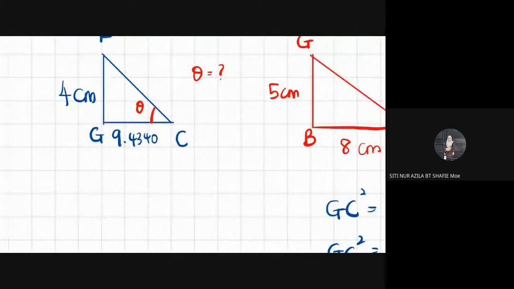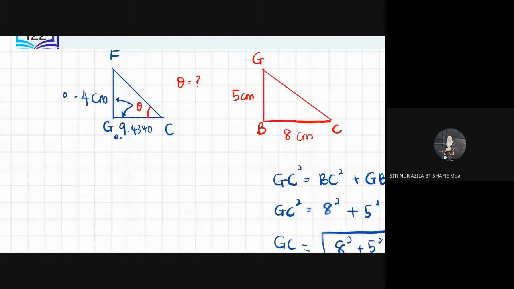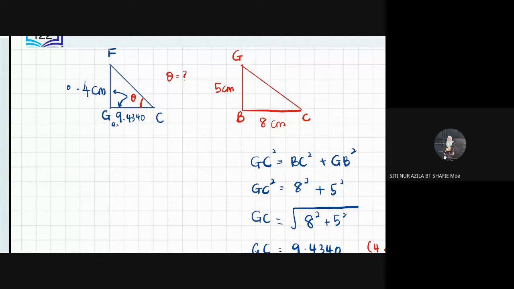From here, you can see we have opposite side and then adjacent side. Okay, if you have O and A, sin, cos, or tan, which formula to use?